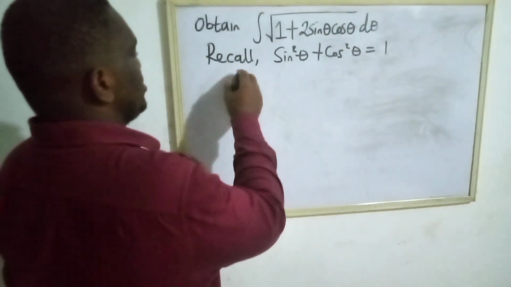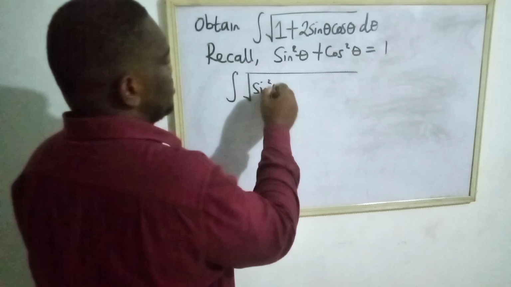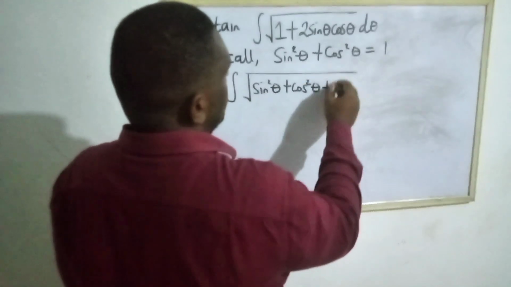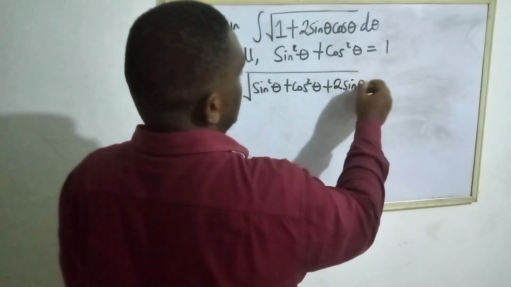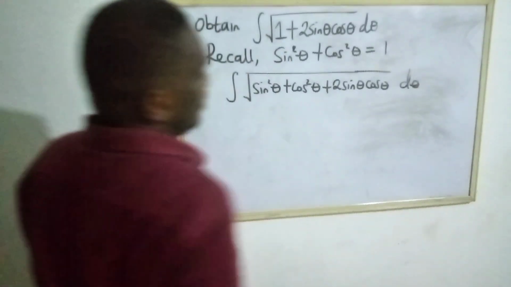So this becomes the integral of the square root of sine square theta plus cos square theta plus 2 sine theta cos theta d theta.